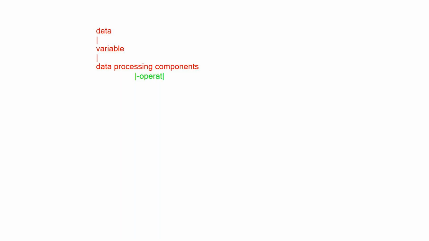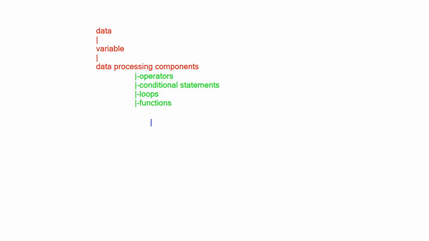One is operators, second is conditional statements, third is loops, and fourth is functions. These four things are called data processing components or data processing elements, and they will be used to process data stored through the variables.